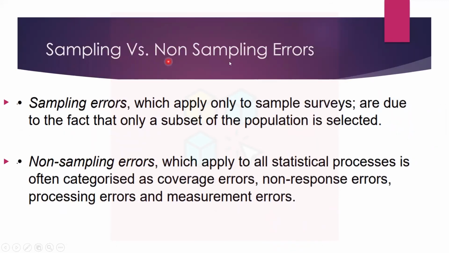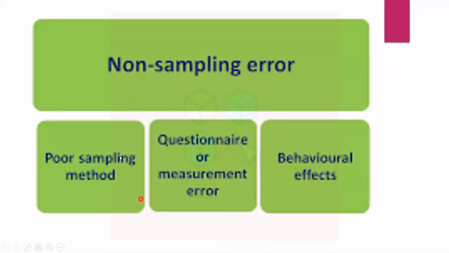Sampling versus non-sampling errors. Sampling errors, which apply only to sample surveys, are due to the fact that only a subset of the population is selected. Non-sampling errors, which apply to all statistical processes, are often categorized as coverage error, non-response errors, processing errors, and measurement errors.